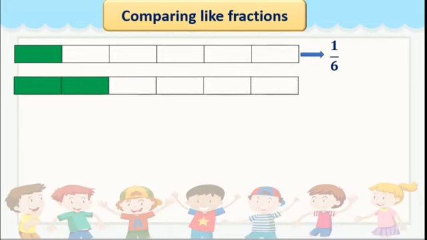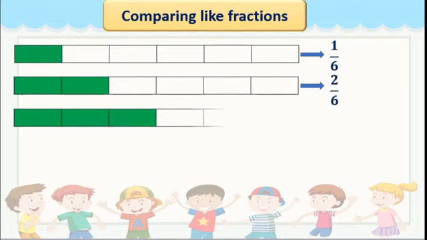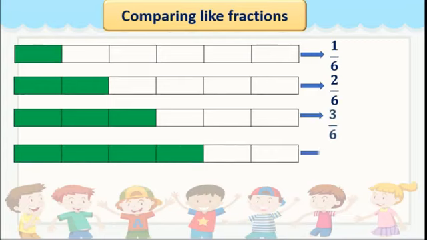Okay, now second, the same rectangle, again 6 parts are there, and how many parts are colored? 2. Okay, the same one, here 3 parts are colored. The same rectangle is taken but 4 parts are colored.